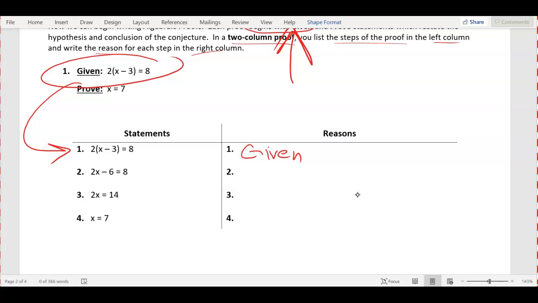Okay, so y'all see the parentheses went away? Okay, when the parentheses go away, typically we're dealing with distribution. So I know you're multiplying 2 times x and you're multiplying 2 times negative 3, but since it's in the parentheses, we call that distribution. And if you remember from the front page, it's called distributive property. Distributive.